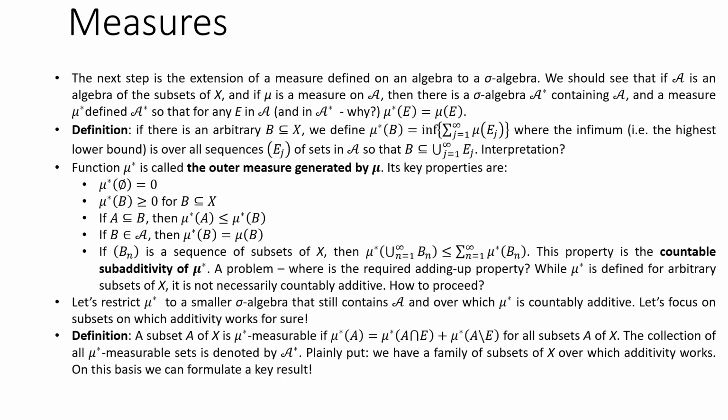Okay, let's skip the formal definition. So let's collect the subsets for which additivity holds. The collection of all the measurable sets is denoted by A asterisk. So this is a sigma algebra. It can be formally proven that this family of subsets for which the adding up property holds forms a sigma algebra, and on this basis we can formulate a key result.